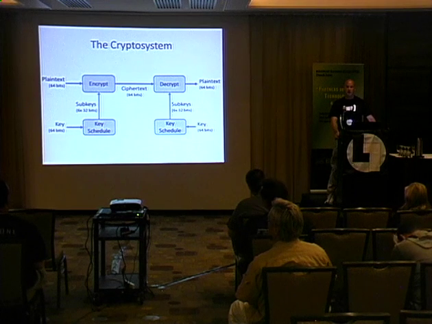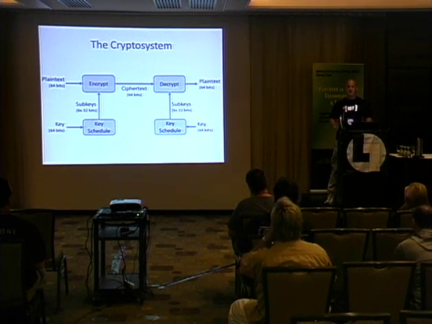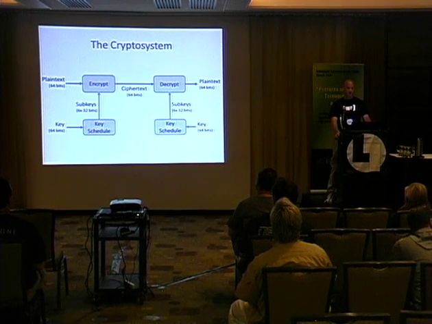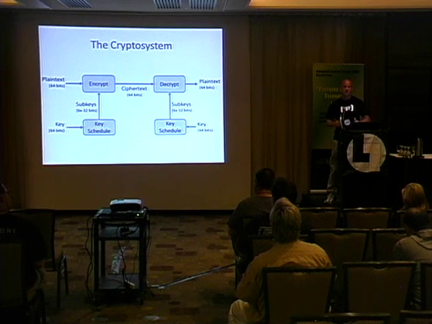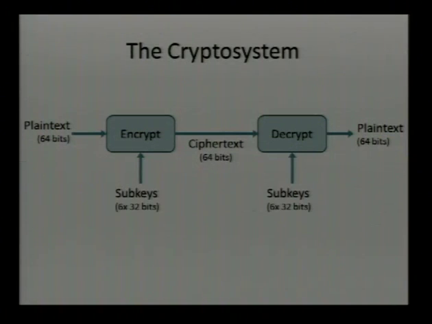This is a symmetric algorithm, which means that both the sender and the receiver are using the same key material. FEAL4 has a separate algorithm called a key schedule. You feed in 64 bits for your key, and it spits out six 32-bit subkeys. So it expands that and gives you more key material to work with. For what we're doing here, we don't even care about the key schedule.